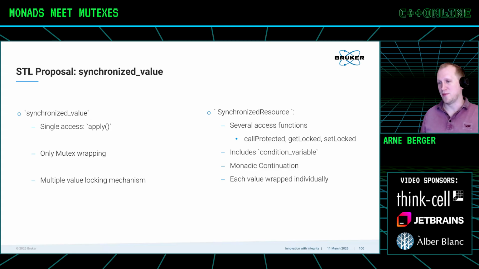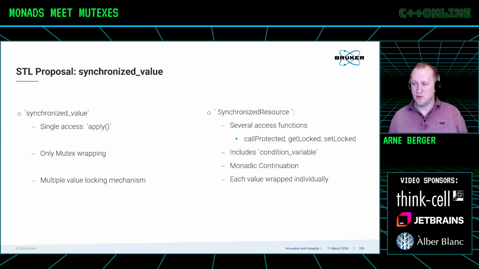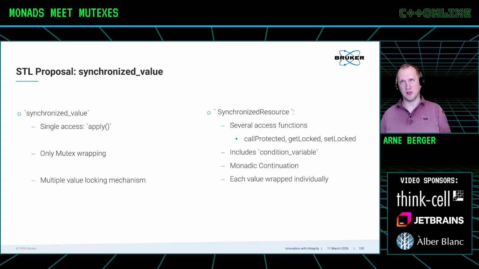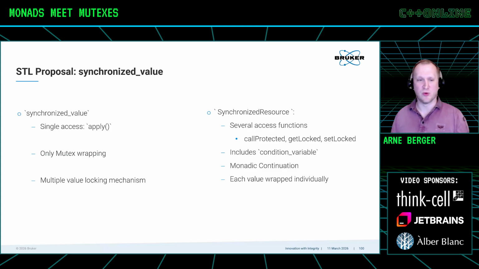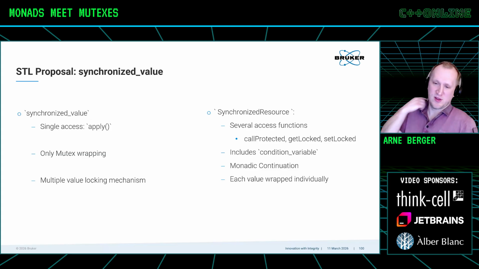I have only one wrapper per value. The main reason is that we do not have a lot of use cases for two mutexes or two different protected things being locked together. We mainly lock this one thing to communicate. So there wasn't a need to develop that.